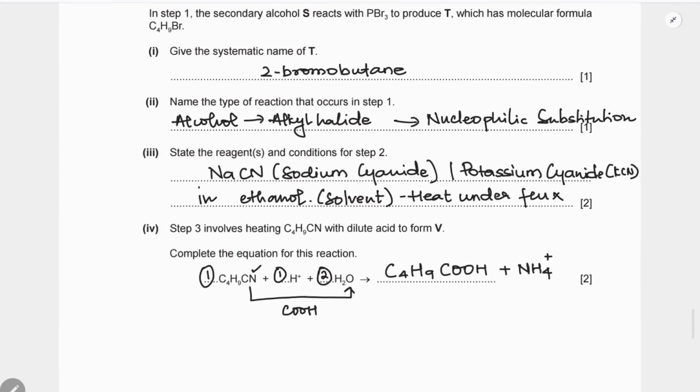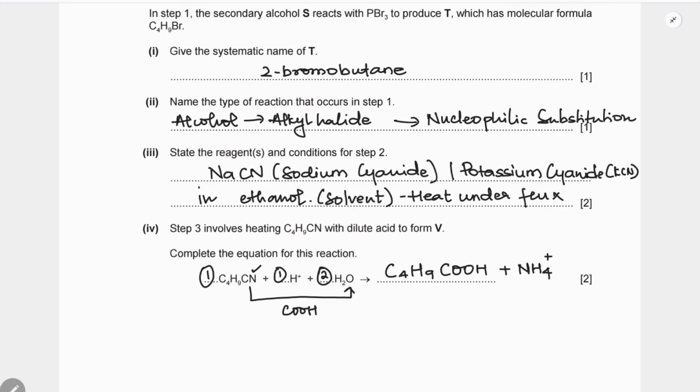Step 3 involves heating C4H9 cyanide, which is CN, with dilute acid to form V. Complete the equation for this reaction. So we know that it is C4H9 cyanide. Whenever there is hydrolysis of a nitrile group in the presence of acid, we are going to get COOH.